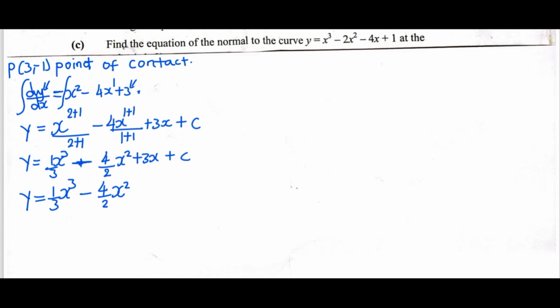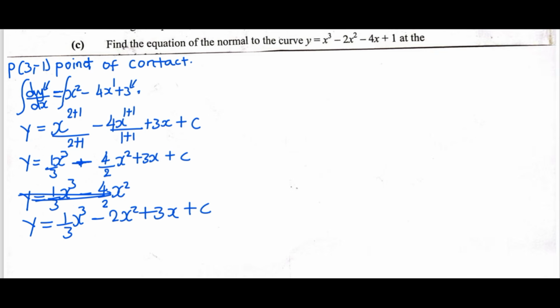We can reduce, 2 into 4 gives us 2. So y is equal to 1 over 3 x raised to the power 3, then minus 2x squared plus 3x plus c.